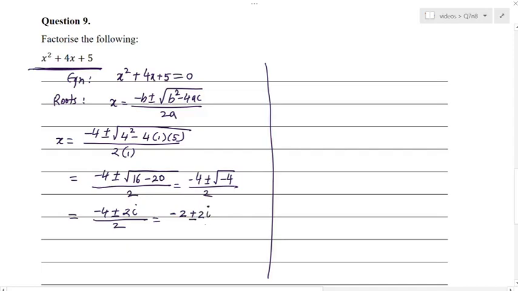So you got two roots there, and because these are the roots of the equation, your original equation that we have here could be written as a product of two factors.